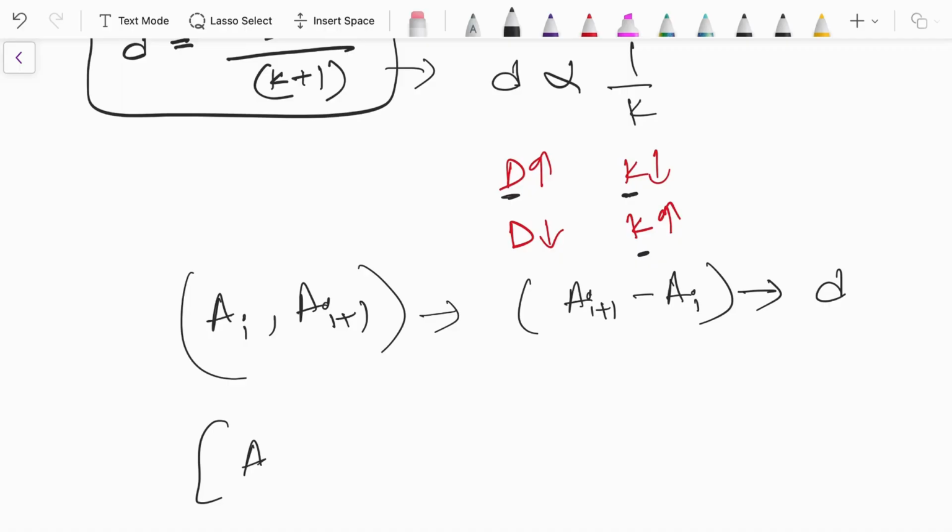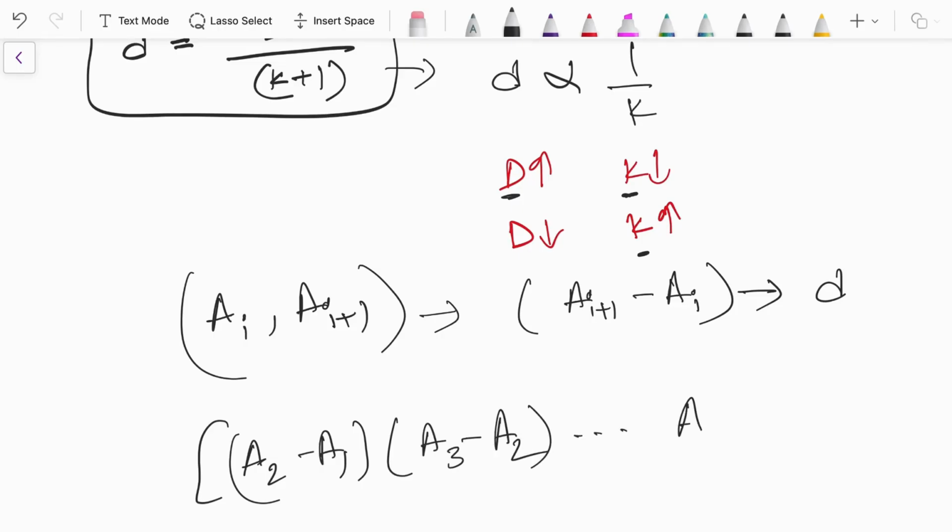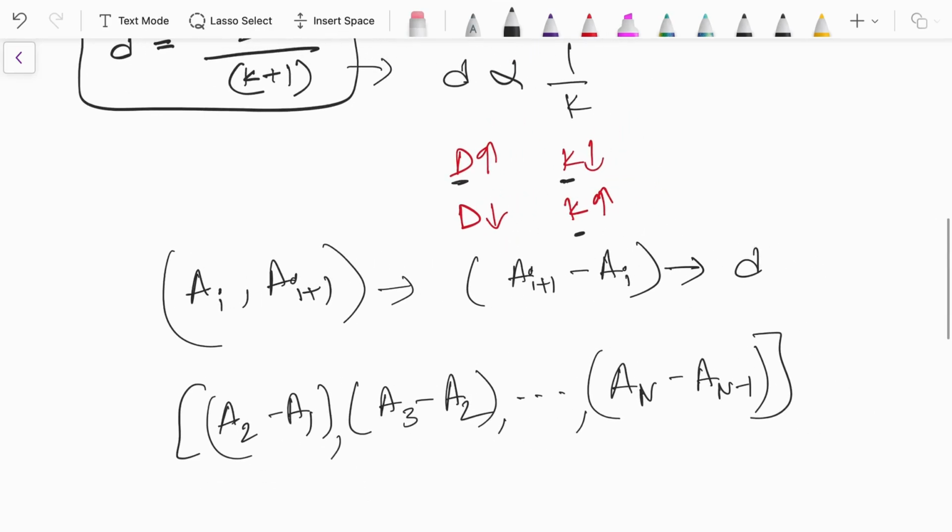That is, it should divide A2 minus A1, and it should divide A3 minus A2, so on until An minus An minus 1. The common difference should definitely divide every adjacent difference, and we want to maximize the common difference. That means if we find the GCD of all of these, we will get a D value which is the maximum possible.